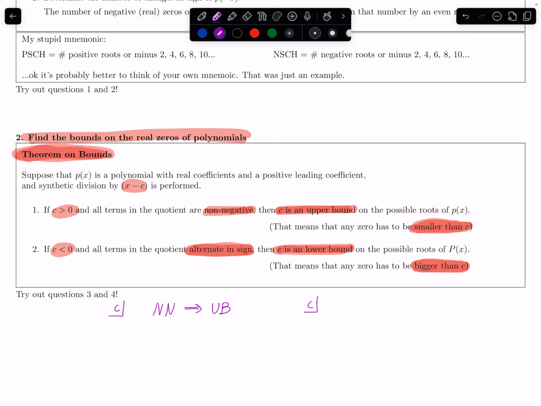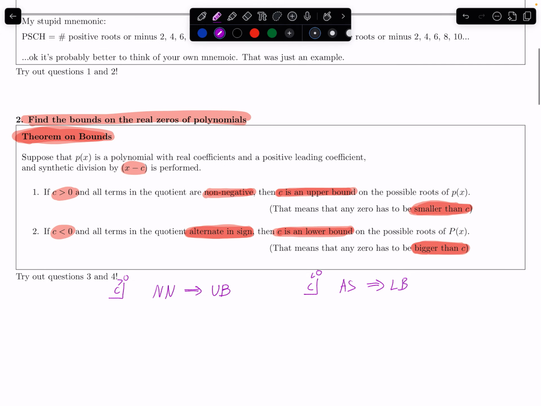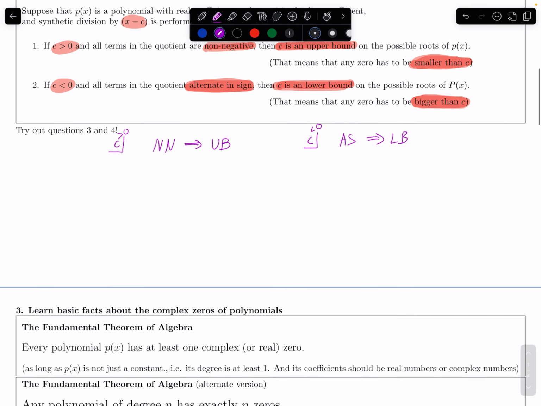The other half is if you divide by x minus c and c is a negative number. So this is c greater than 0, c less than 0. And then you end up with alternating sign, which means you had a lower bound. Not a very good mnemonic, like I said, but something. You can think of your own to help you memorize it, whatever helps.